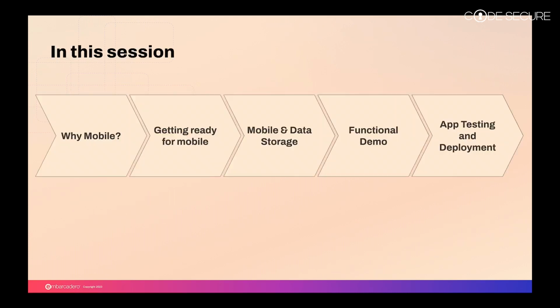Okay, next slide. What we're going to see in this session? Well, first of all, why mobile? Why it's important to offer your customer base a mobile application. In case you haven't developed a mobile application, what you need to do to get ready for mobile. We're also going to talk about data storage in mobile, which is very important, how we're going to store all that information, how we're going to cache all that data, and how we're going to store it securely, encrypted, etc. Then we're going to see a functional demo.